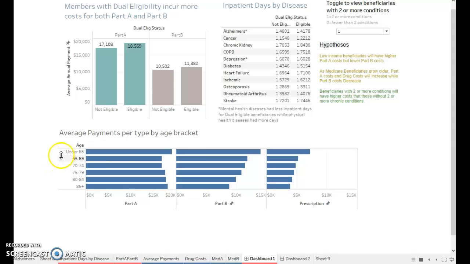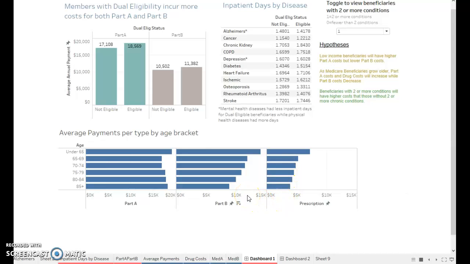But then after that, we can see a steady increase in Part A cost as a beneficiary ages, and a steady decrease in Part B cost once we get to those more advanced age groups. But what surprised me the most was that prescription cost decreased as age groups went older, the average prescription cost.